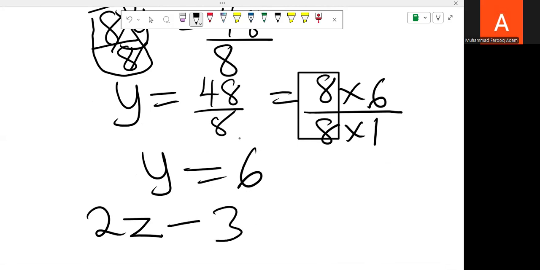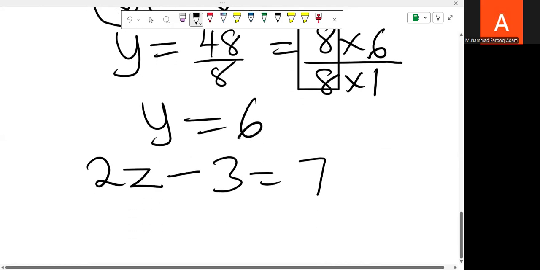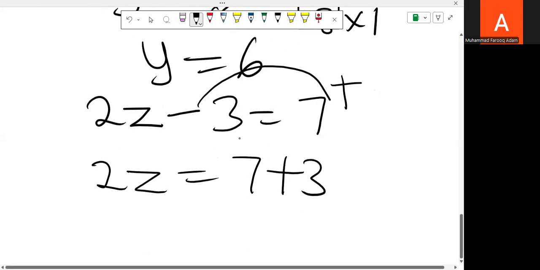Here, what we essentially do is we say 2z is equal to 7 plus 3. Yes, this is coming from a negative side to a positive side. So 2z is equal to 10.